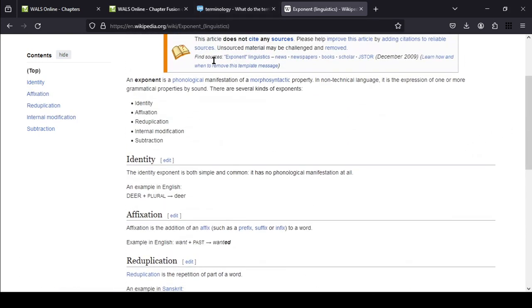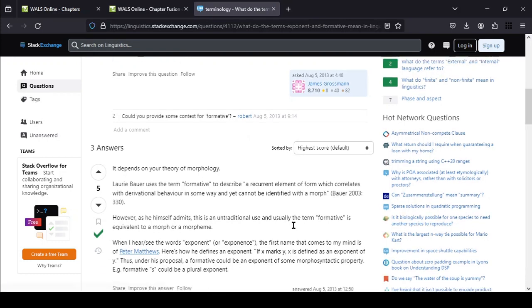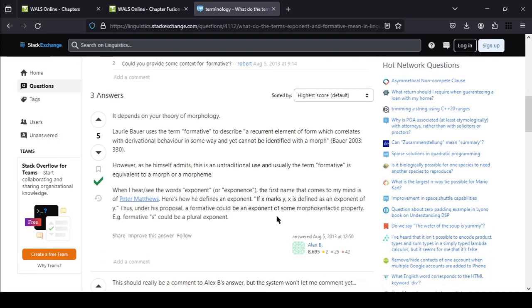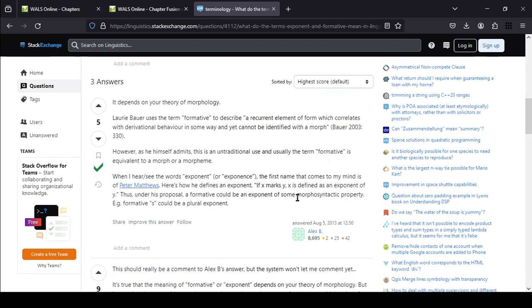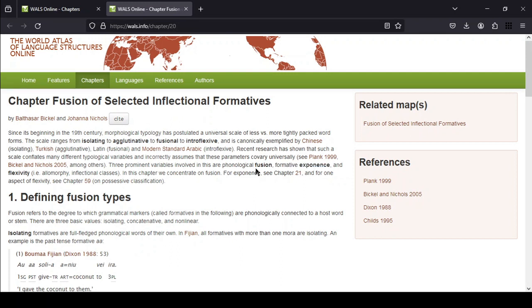So it's the phonological manifestation of... So phonological fusion, formative exponents.